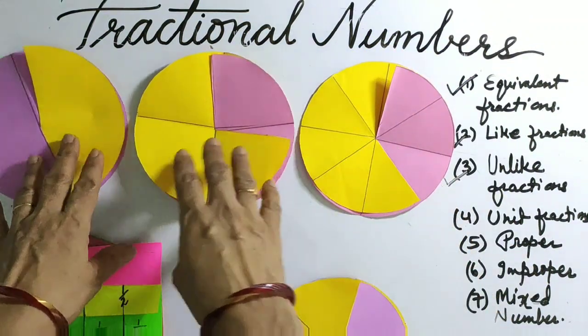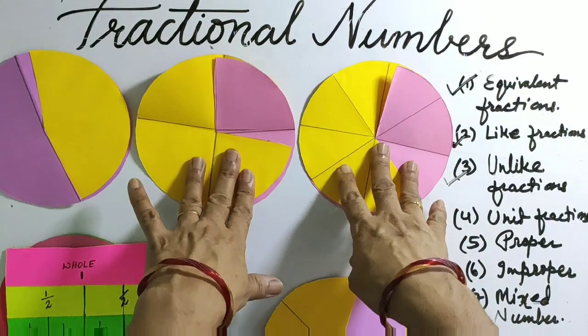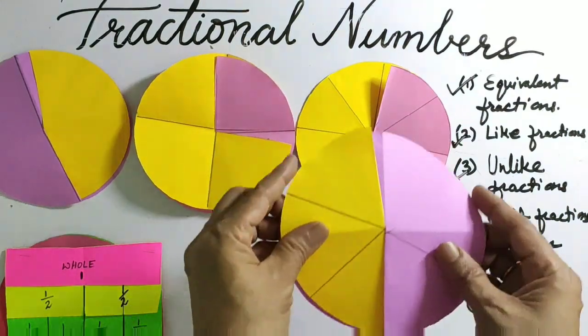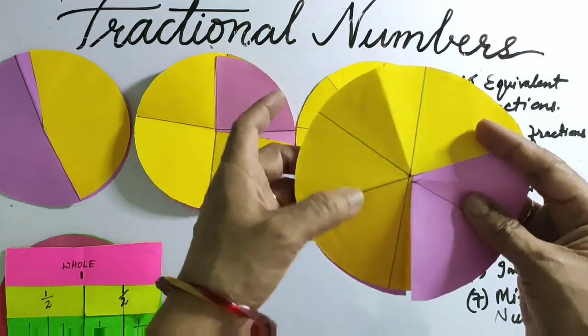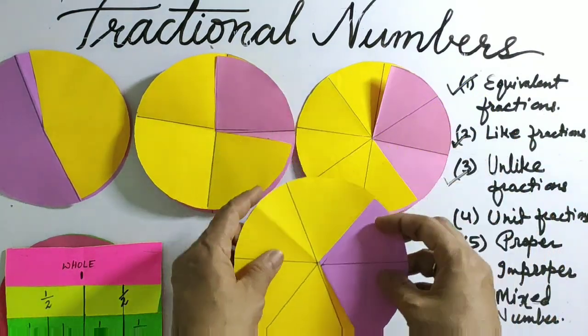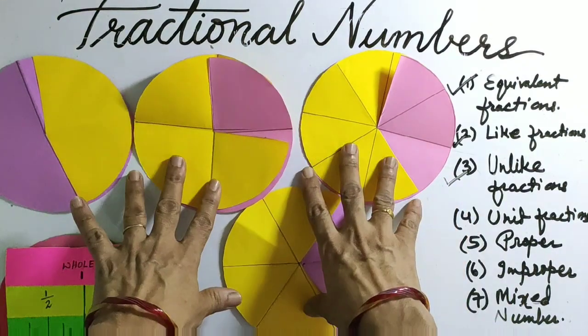So all are having different denominators. Here 2, here 4, here 8 parts. If you take this, it will be divided into 6 parts. So what you will say, 1 2 3 4, so it is 4 by 6. So all are having different denominators, so it is unlike fraction.